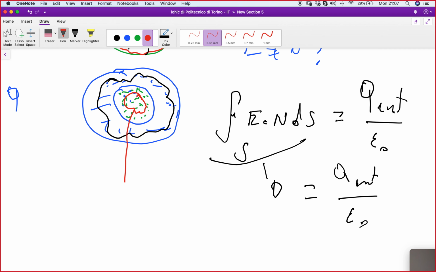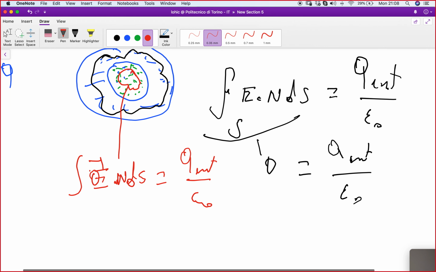So if I do the flux of the field, E dot n dS, on the green surface, it should be equal anytime to q_in, the internal charge, divided by epsilon 0. But the internal charge in the red surface is equal to 0.